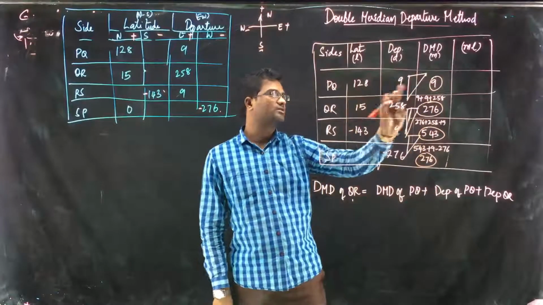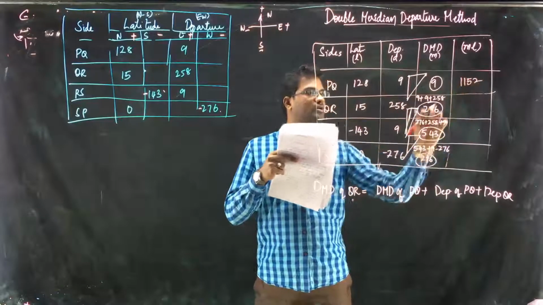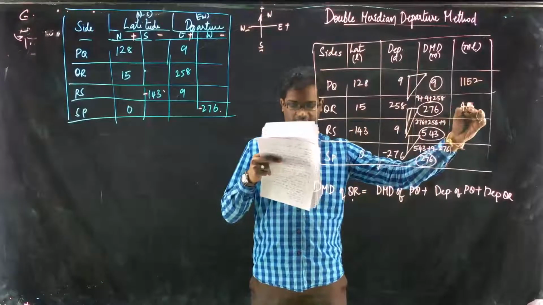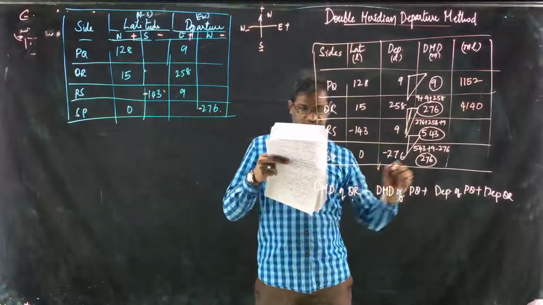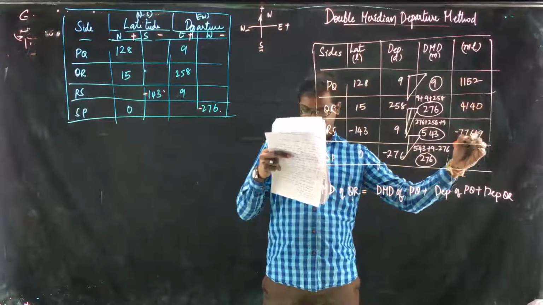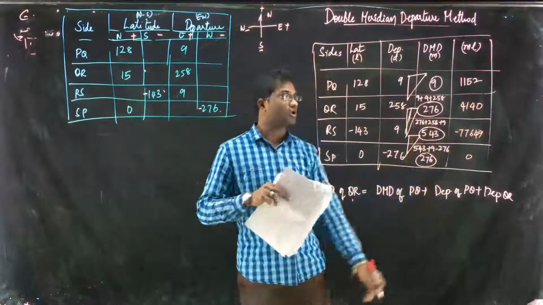So 148 into 9 gives a value of 1152. 276 times 15 is given by 4140. 543 times minus 143 is given by minus 77649, and 0 multiplied by this is given by 0.